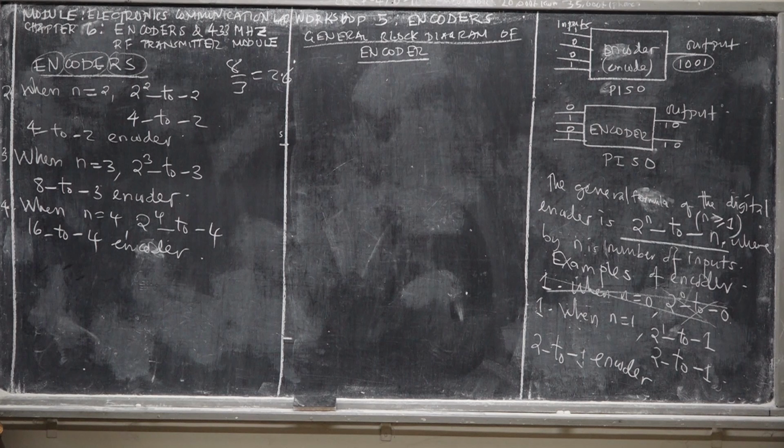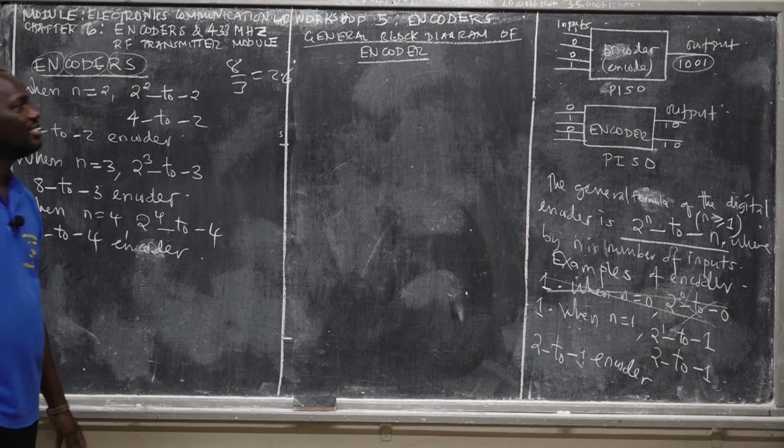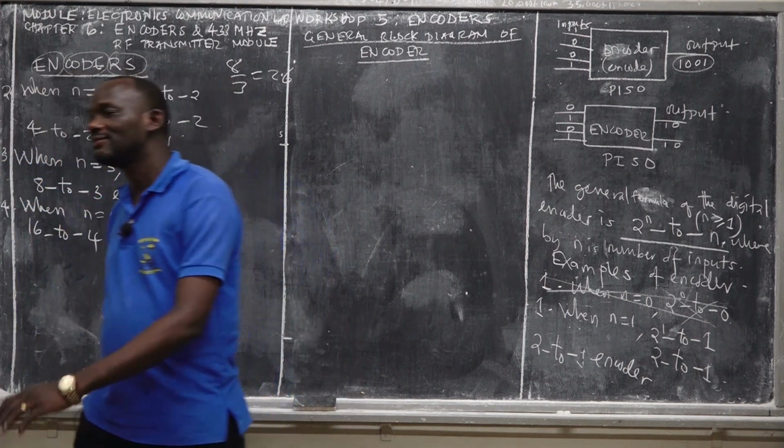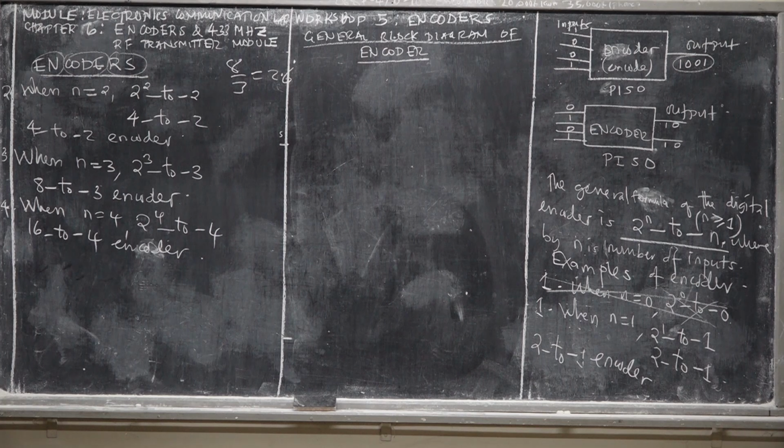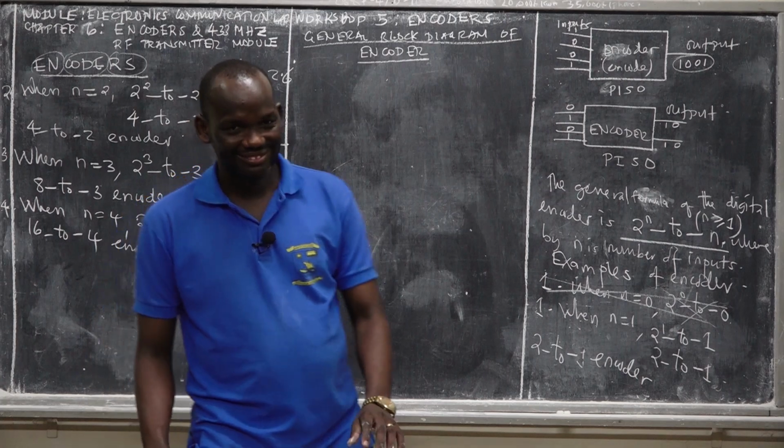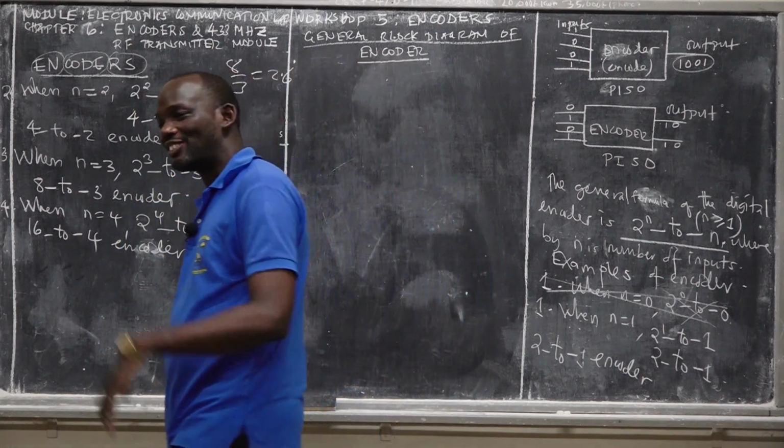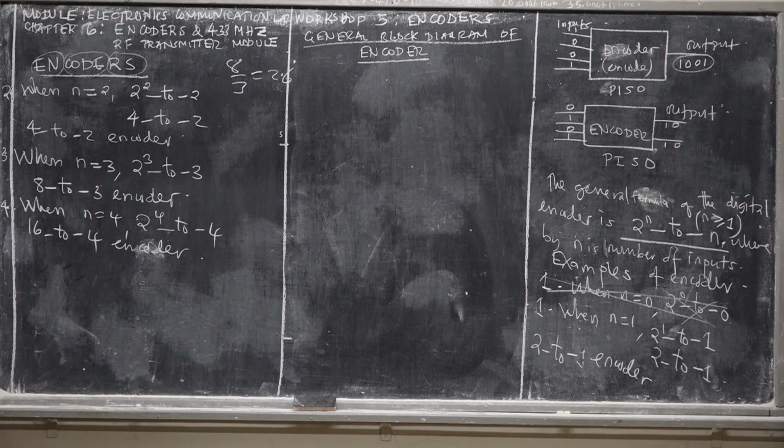Maxina. How about Latifa? Say general block diagrams of encoder. Say it. Again. Again. Okay, so ask your neighbor, how many block diagrams has your teacher taught you up to this time, from semester 1 to semester 2?